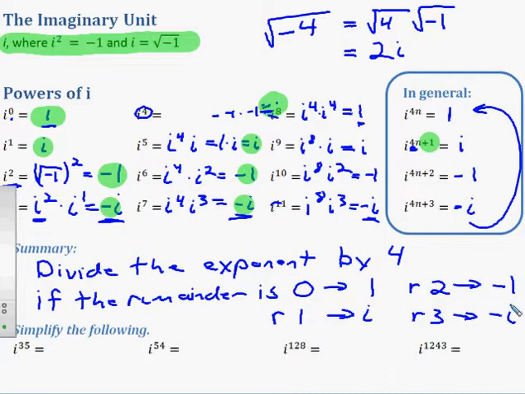Some of these you should be able to do in your head. 35 divided by 4, that's going to be 8, remainder 3. So we look up here, remainder of 3 gives us negative I. So this is just equal to negative I. Here we'll take 54 divided by 4.